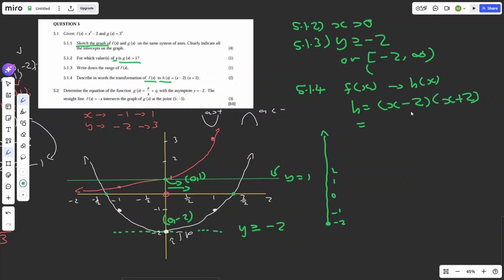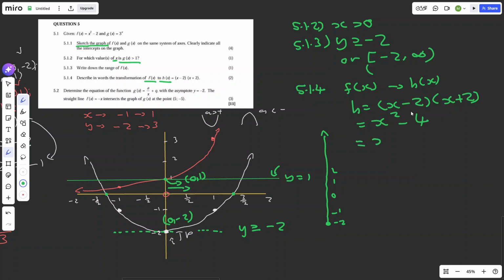So now here, if we multiply these terms out, what do we get? x squared minus 4, because minus 2x plus 2x cancel out. Now let us compare this to f of x.